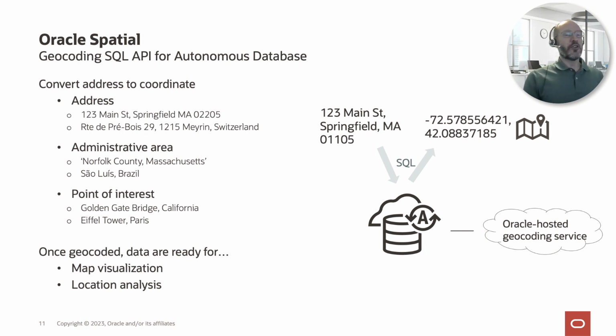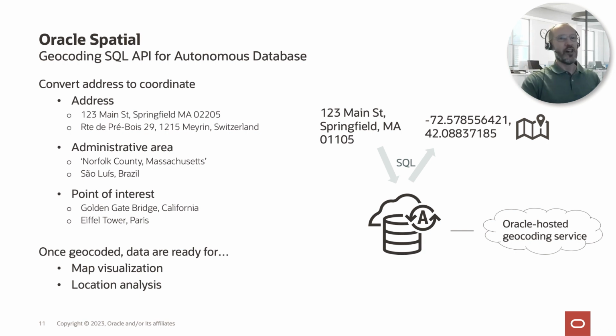So geocoding in general, in terms of working with spatial data, and in particular in terms of preparing data to be used in spatial analysis: it's common to start with addresses or place names. You're not generally handed data that's already configured for spatial, with the spatial data type and everything ready to go.